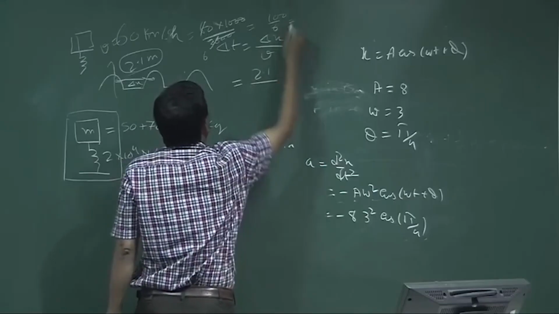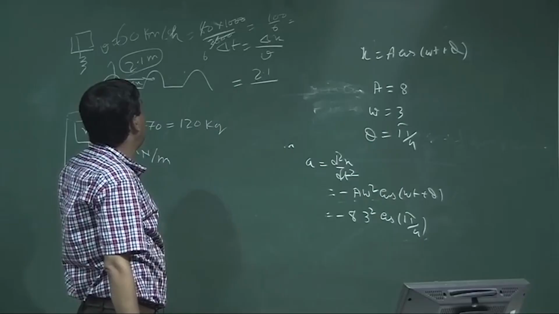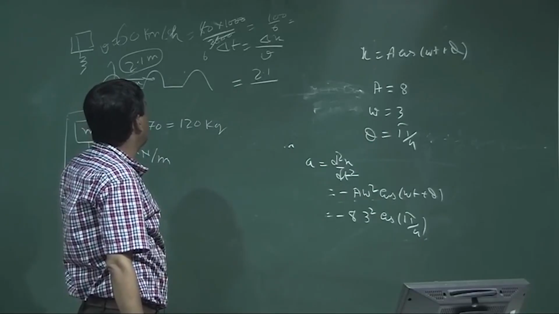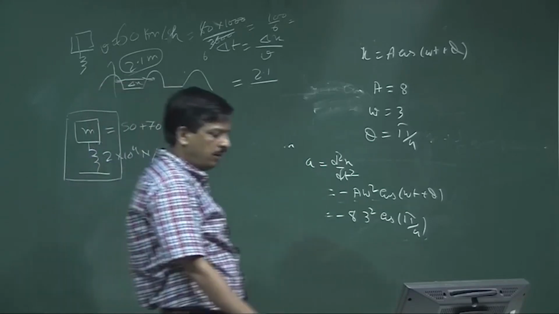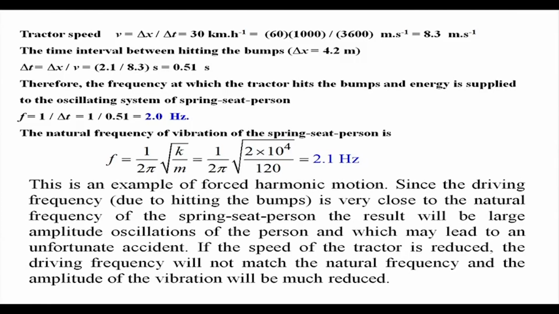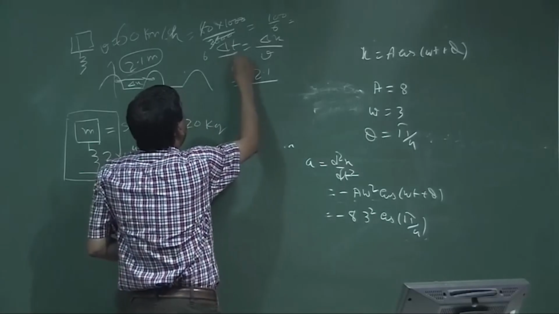Okay. So, how much will it come? You can calculate that value, 100 by 6. Then I get the delta t.